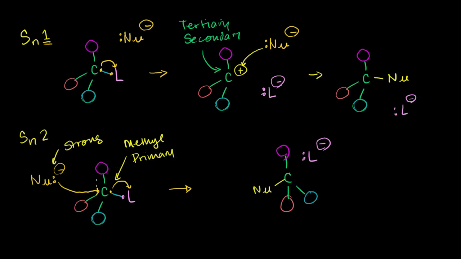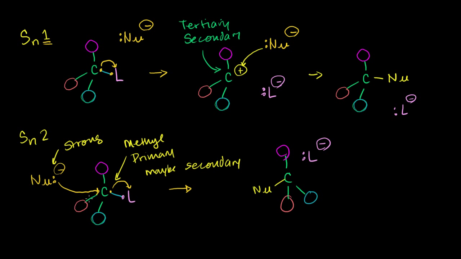And if the conditions are just right, and if the nucleophile is strong enough, maybe a secondary carbon. Because once you have too many carbons or big carbon chains over here, then it blocks the nucleophile. It cannot attack. If these are all hydrogens, there's a lot of space for this nucleophile to attack. If only one of these is carbon, still a lot of space.